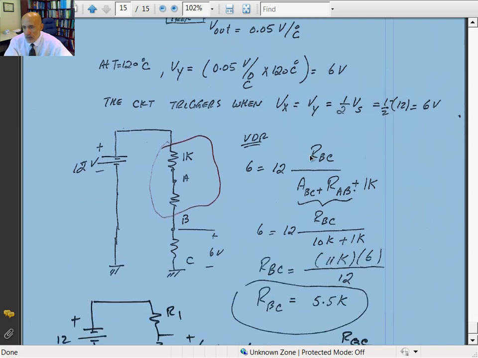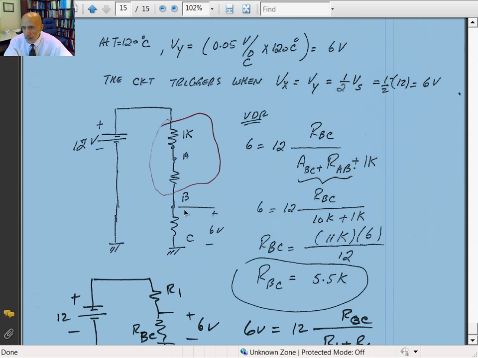If I look at that circuit, from point B to C you want to have 6 volts, and again, this is a high input impedance, so you don't have to worry about the loading effect. So 6 volts equals 12 volts times R of BC over R of BC plus R of AB plus 1K.